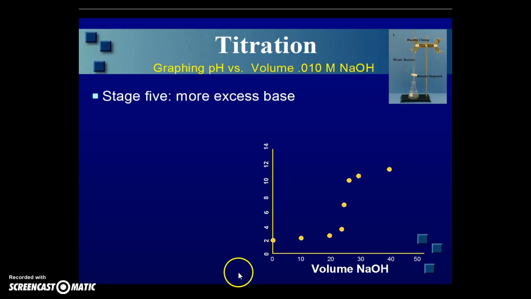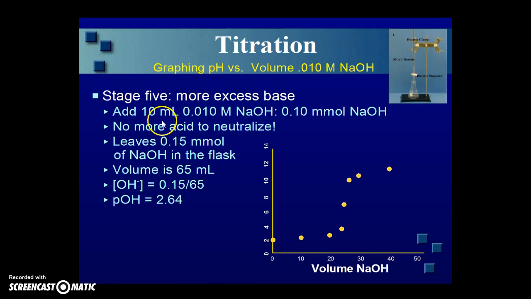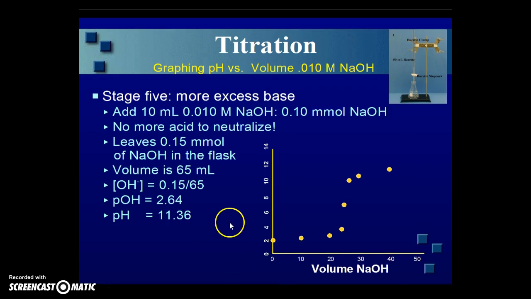At stage 5, we have more excess base, 10 milliliters more of the sodium hydroxide, leaves us 0.15 millimoles of sodium hydroxide when we add what we already had in it. The volume is 65 ml, so we calculate the hydroxide concentration and the pOH. The pH is 11.36.